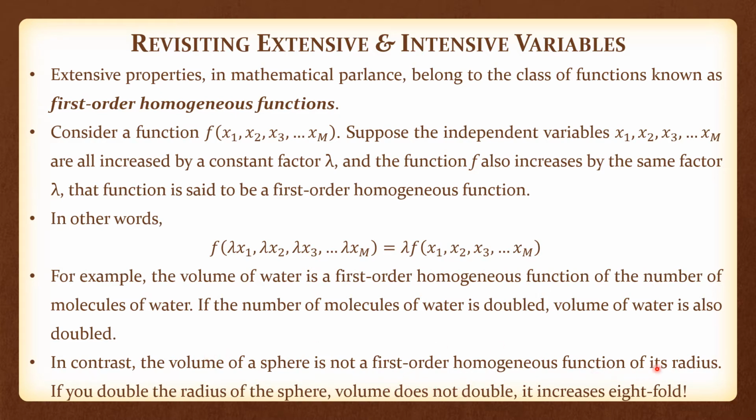Volume is proportional to radius to the power 3, so the volume increases by 2 to the power 3, or it increases 8-fold. So the volume of a sphere, as a function of radius, v of r, is not a homogeneous function of first order with respect to r. I hope you understand this: extensive properties are expressed as homogeneous functions of first order.